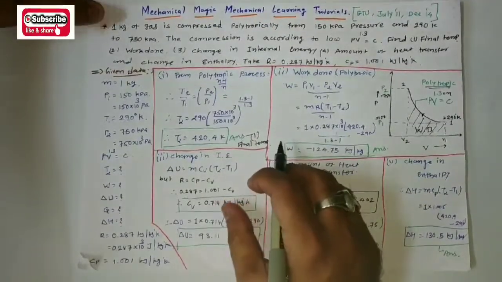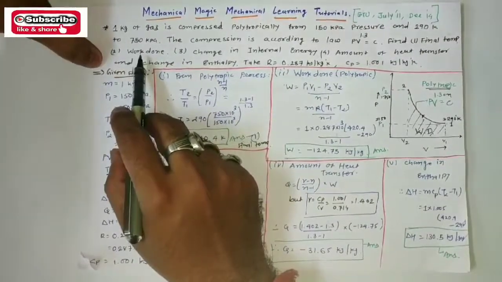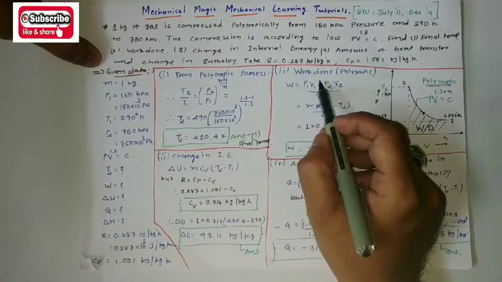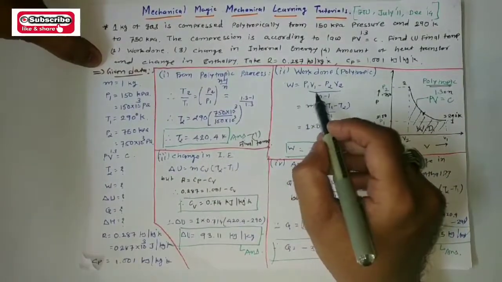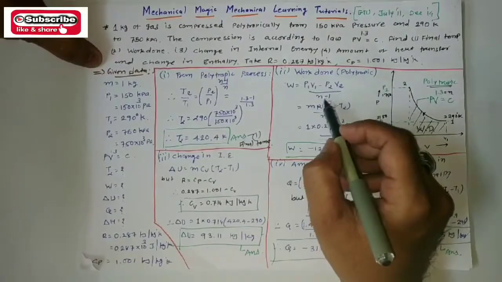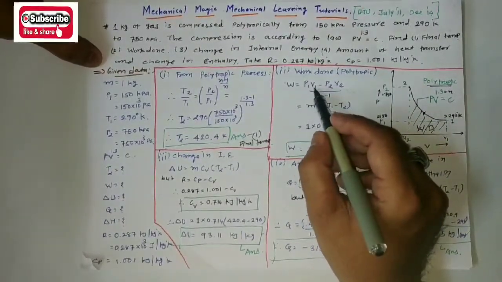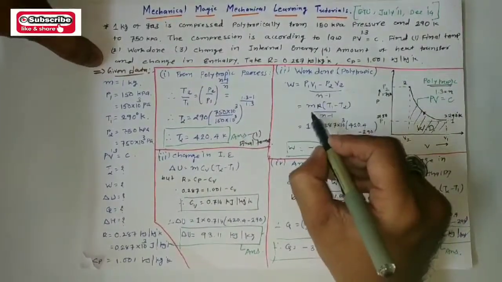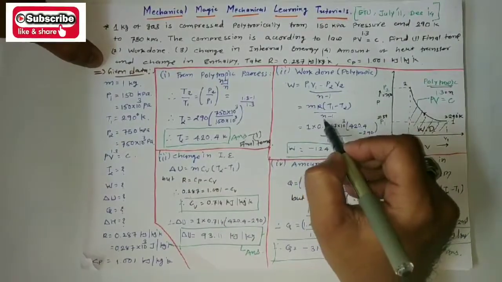Now I am interested to find the second one, the work done for the polytropic process. The work done W equals P1 V1 minus P2 V2 divided by n minus 1. Converting P1 V1 into the form of MRT, it becomes M R into T1 minus T2 divided by n minus 1.